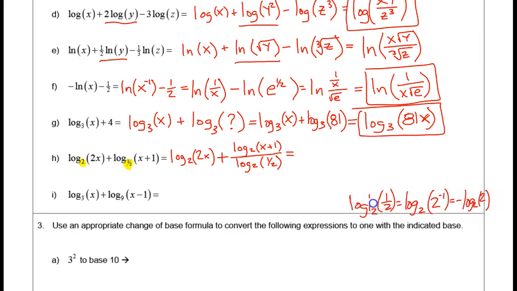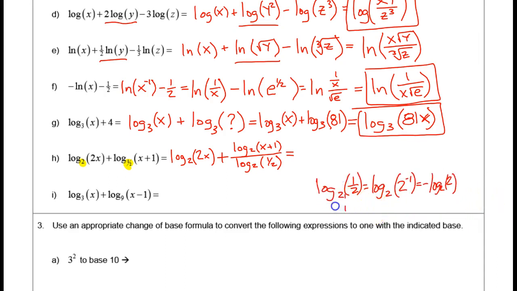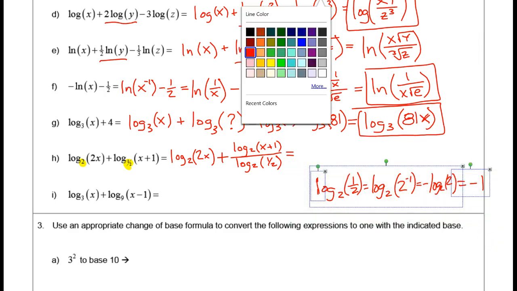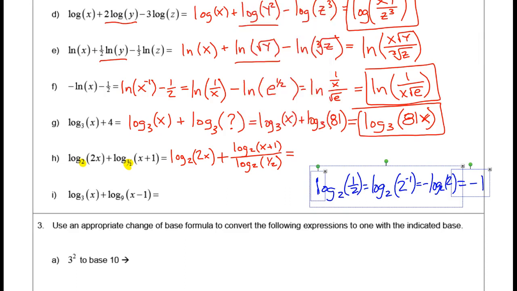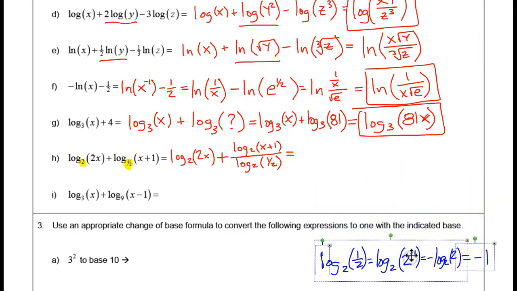And folks, the log base 2 of 2 is 1. So this whole thing here simplifies to negative 1. So my whole denominator there is going to simplify to negative 1. That was a little side note there for you.